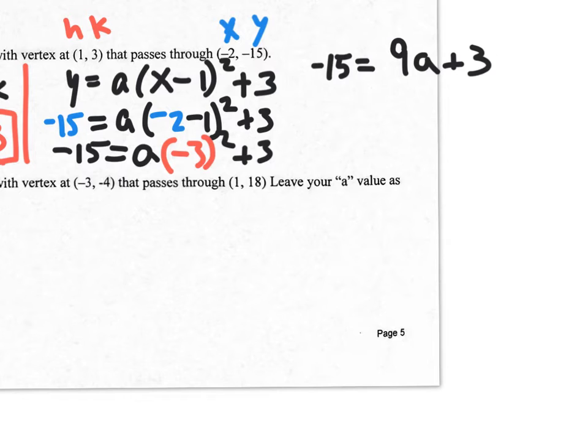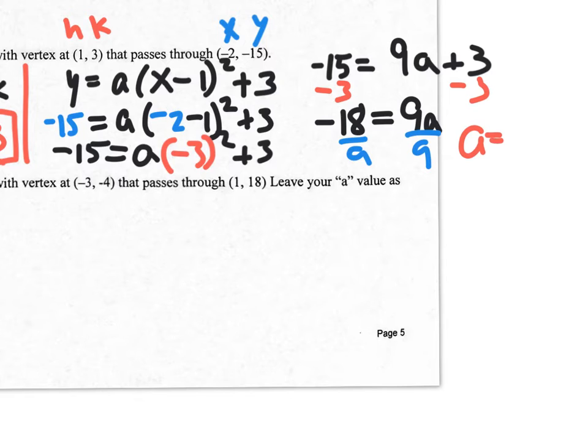I'm going to keep on solving by subtracting 3 here and subtracting 3 over here. So I'm going to have -18 equals 9a. If I divide both sides by 9, I will have my a value, which is -2. Ta-da! A value is -2.